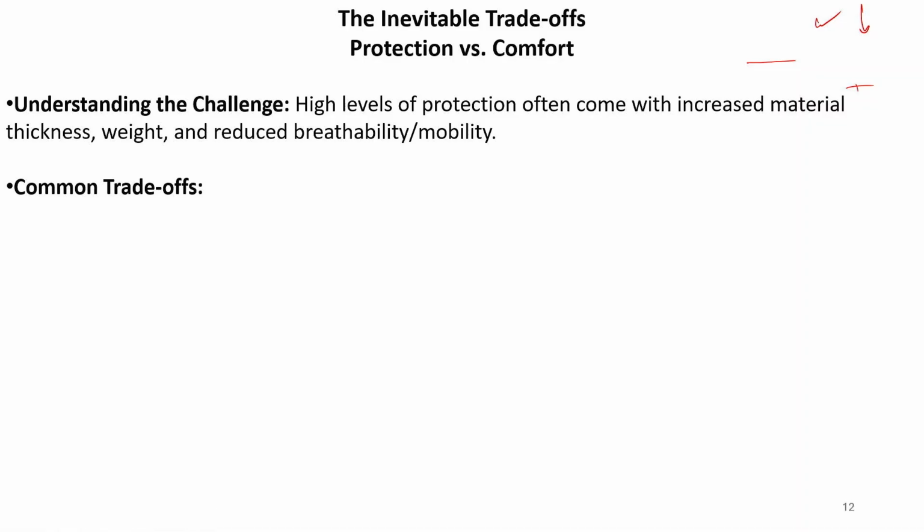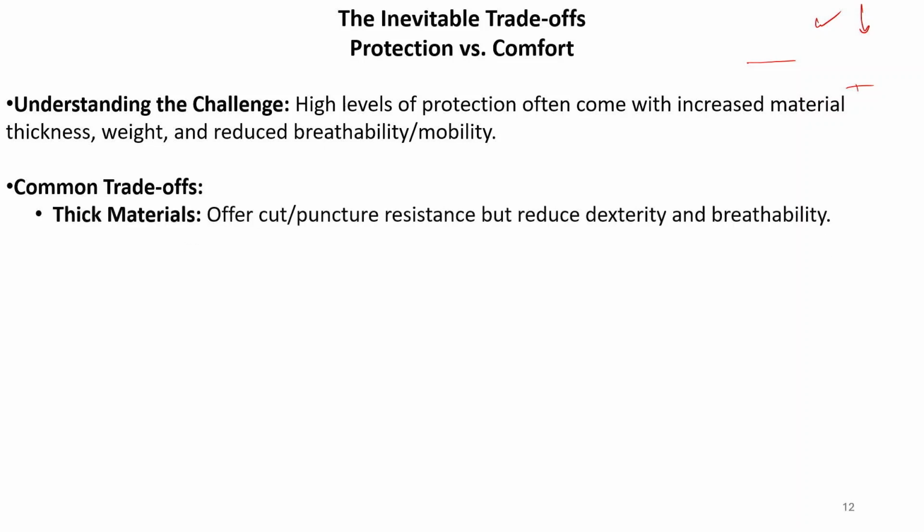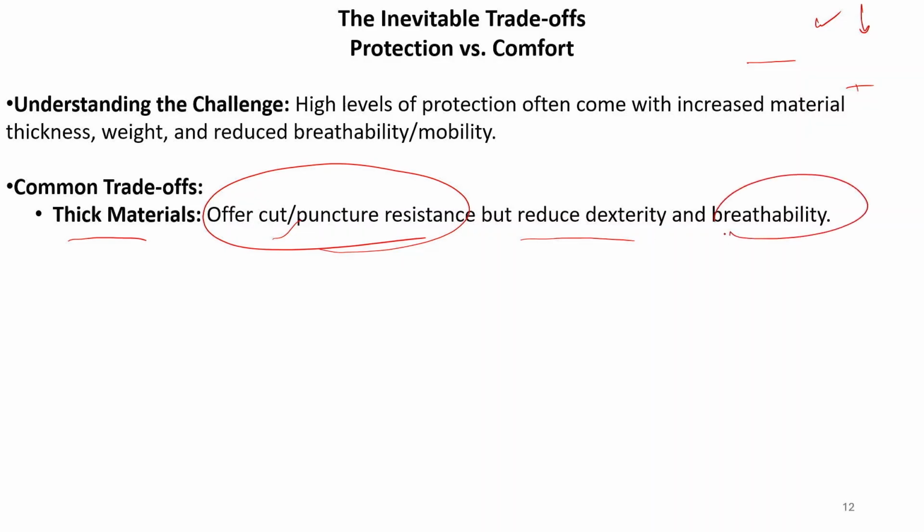Now, let us see the different types of common trade-offs. Like thick material, as I have already mentioned, thick material offers cut or puncture resistance, but it reduces the dexterity and breathability.